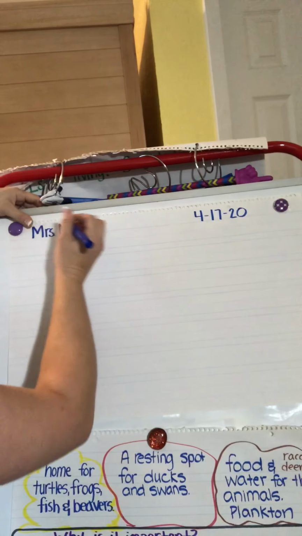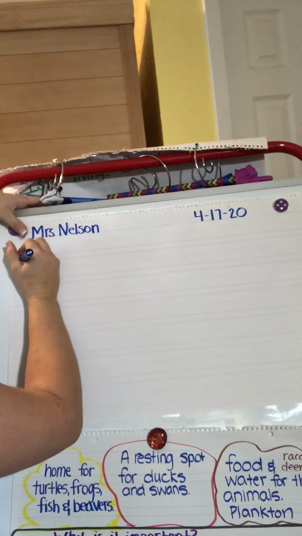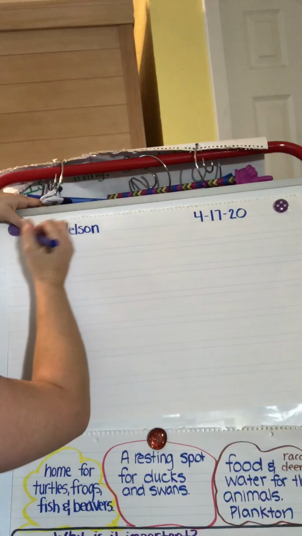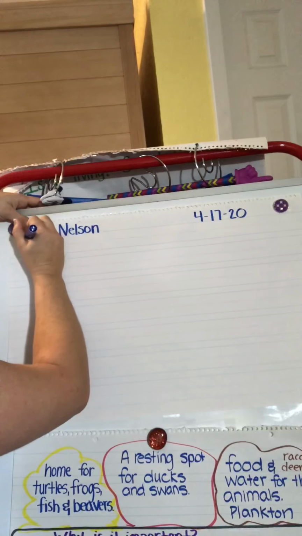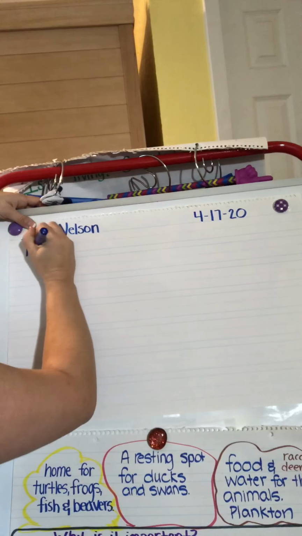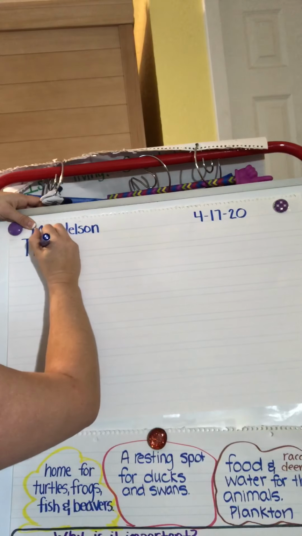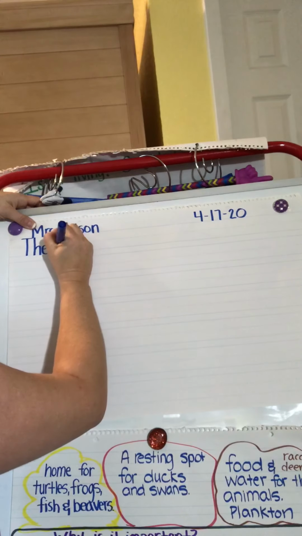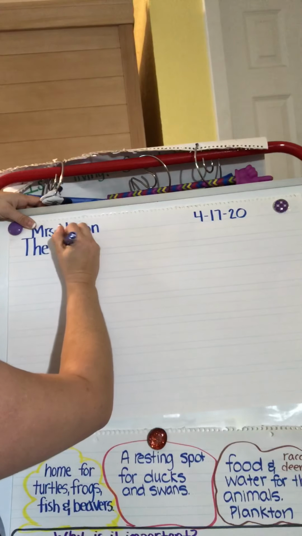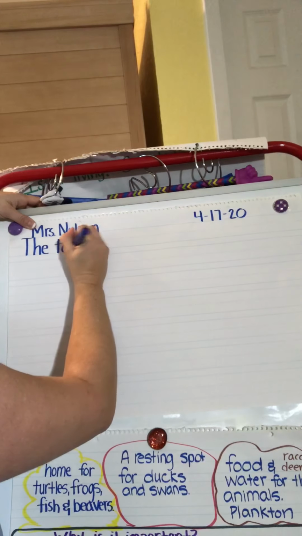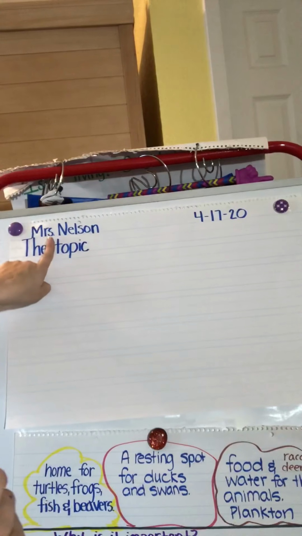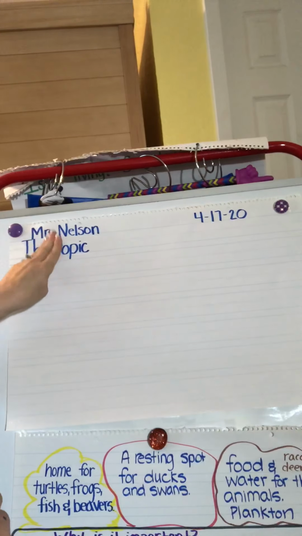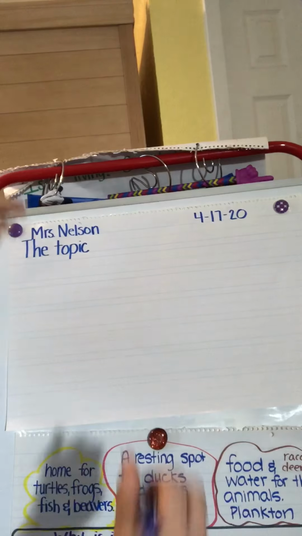So in our nicest handwriting, I'm going to start. Oh, your paper's bigger than mine. Okay, the topic. And always remember to start your sentence with a capital letter. Topic, and remember your spacing, just one finger spacing, no double or triple scoop spacing.